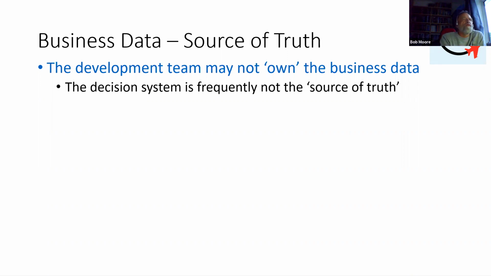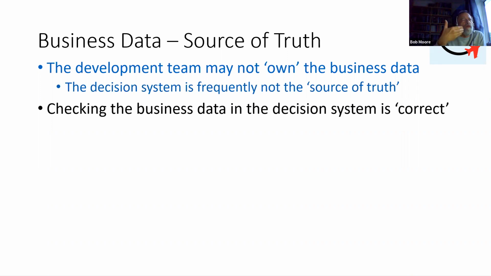Somebody else owns the source of truth. And so what you need then is to be sure that the business data which is actually used by the decision system is the correct business data. It corresponds to what is the current source of truth. And how do we actually go about making sure that that's the case?